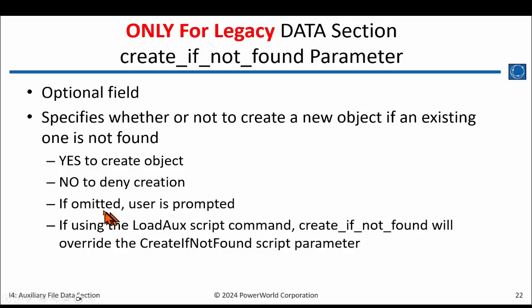If it's omitted, then the user would be prompted upon loading, do you want to add new objects? And there's also, I believe, a yes to all option. So you don't necessarily have to be prompted for every object, but you can also just specify the argument as yes, and then the user doesn't get prompted when you load it back in.